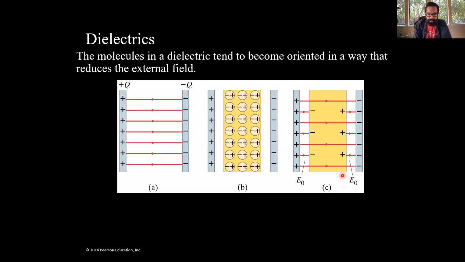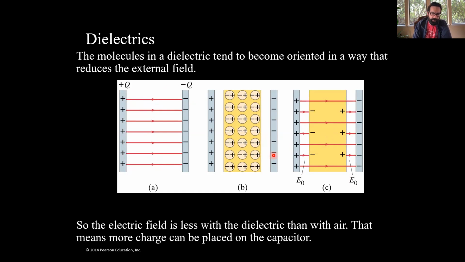You put the dielectric in that capacitor, and putting that dielectric in, the electric field gets weaker. The electric field getting weaker means we could put more charge in the capacitor. So this is summarizing what I just talked about.